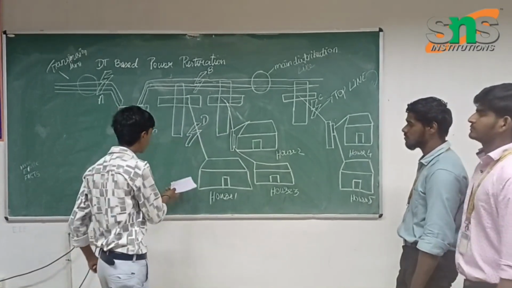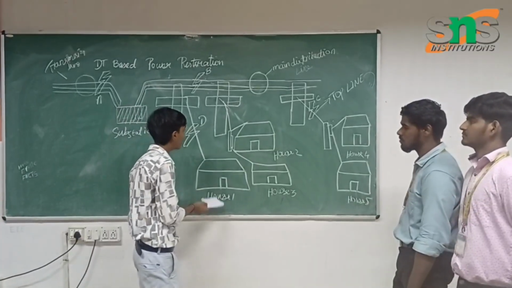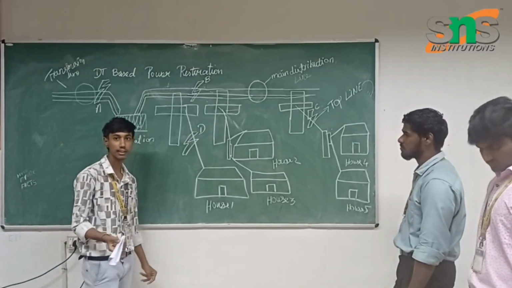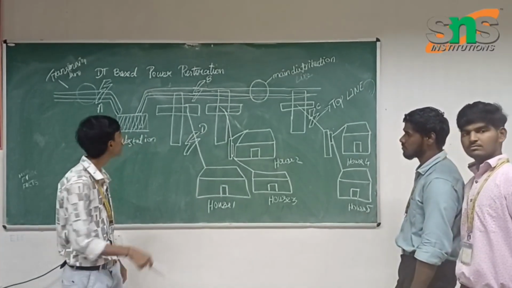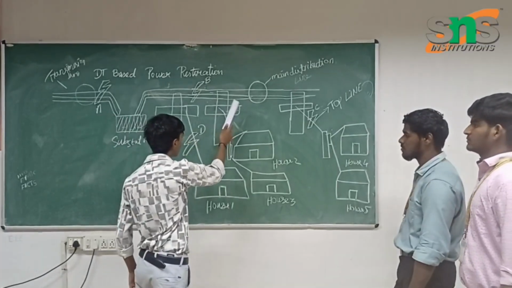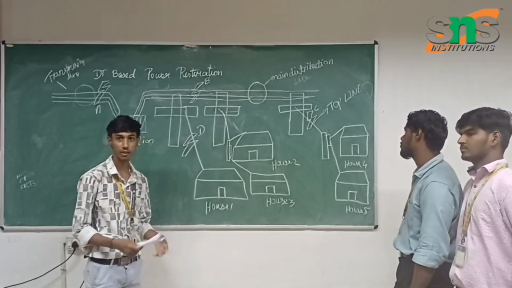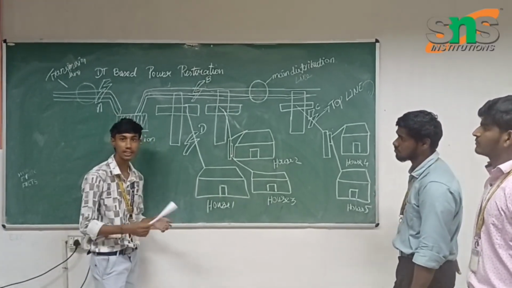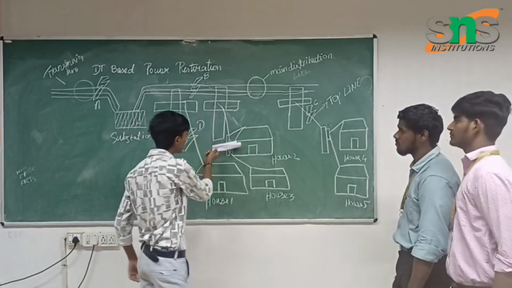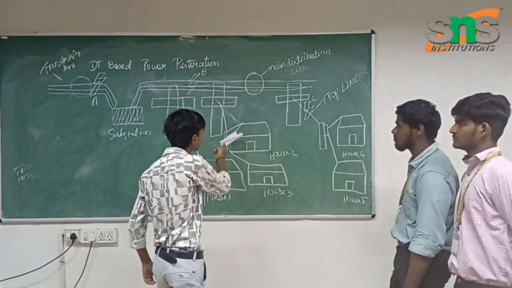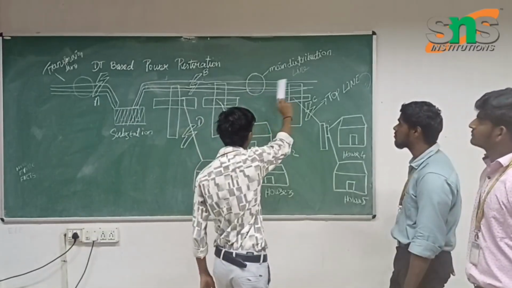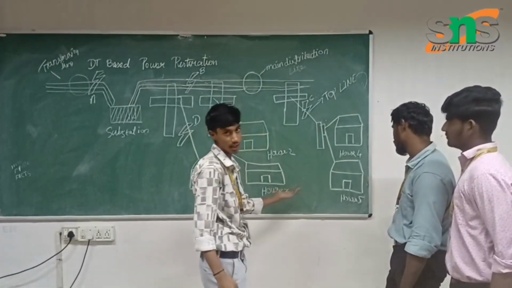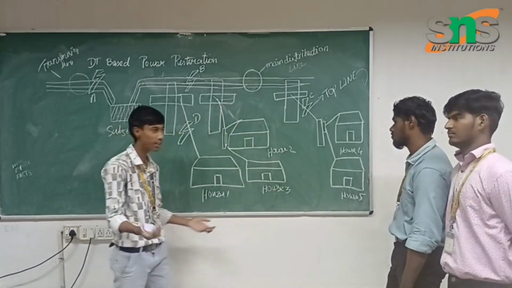The transmission line first goes to house number 1, supplying 220 volts. It depends on 2-phase or 3-phase lines, and for home appliances, sometimes voltage increase or drop will happen, so they use transformers, feeders and the like. Next, the main distribution line goes to top lines and extra lines. We are taking 440 volts here.